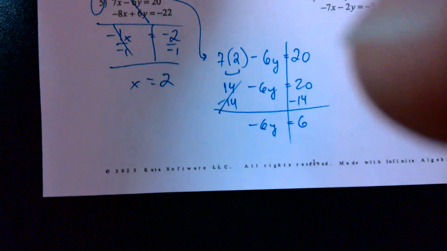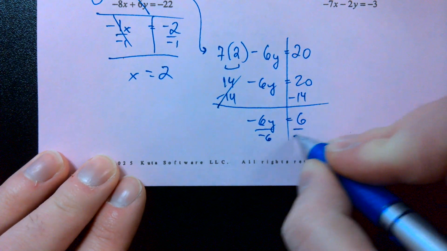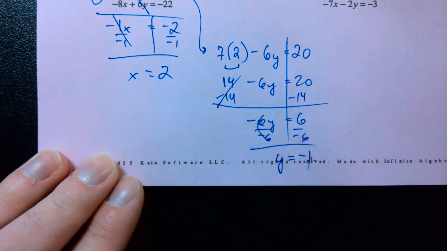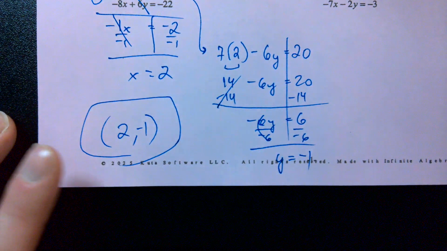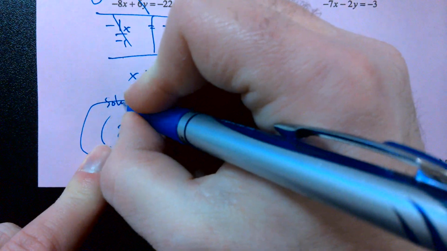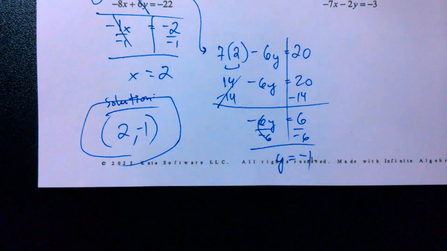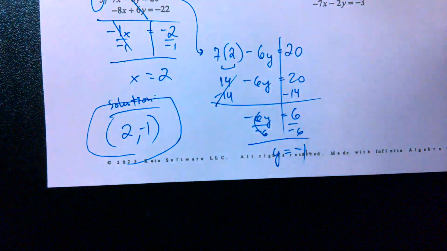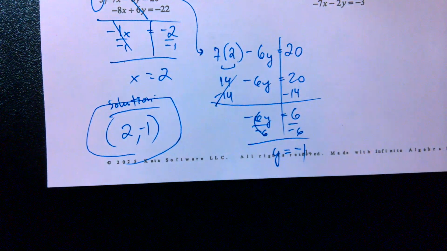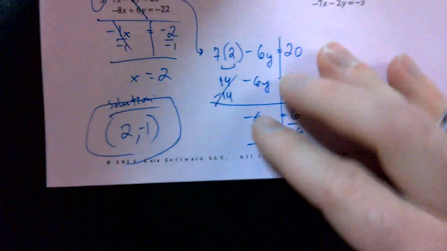No, we divide by negative 6. Great job. And we end up with negative 1. Put my x and my y together with the x in front. Boom. There is my solution. 2, negative 1. Give me a thumbs up if that's what you got for number 5. Daniel did, Jawad did, Caleb did, Raya did, Araya did. Perfect. Great job.